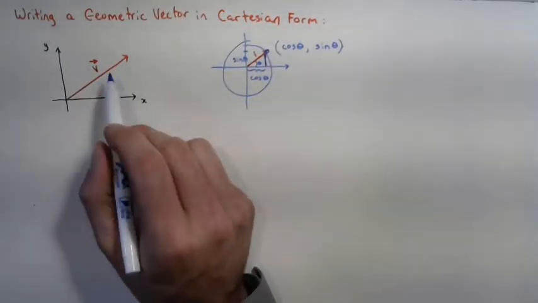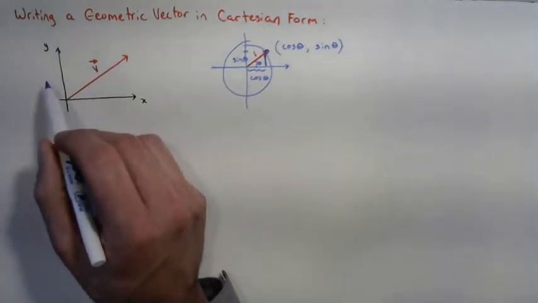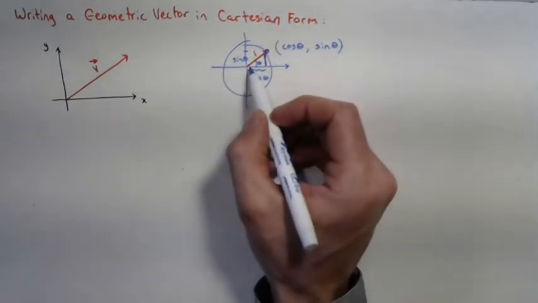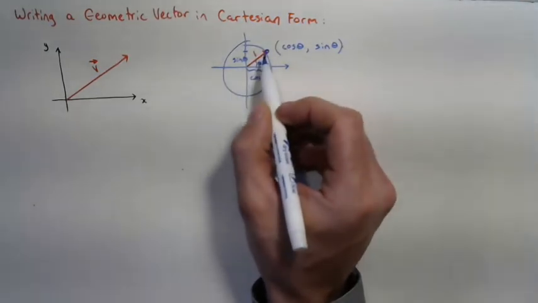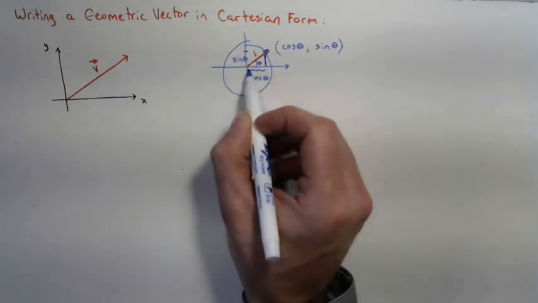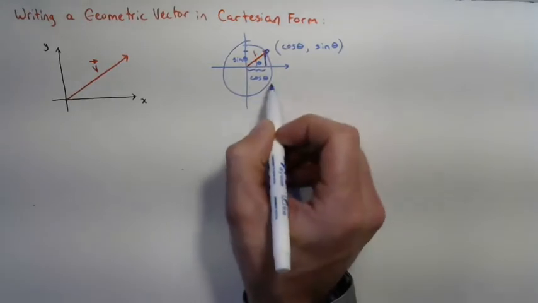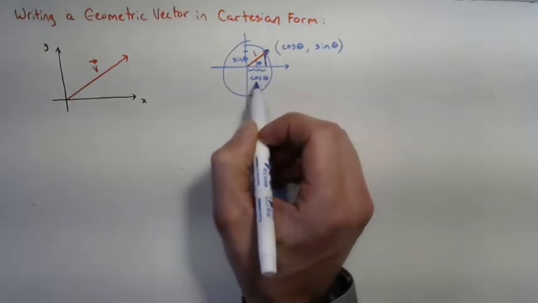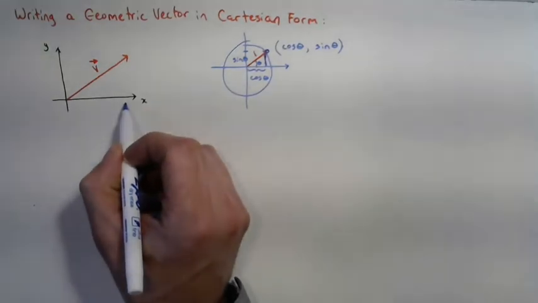Now, let's translate this over here. We're not in a unit circle, okay? If we were, it might look something like that. So the magnitude of our vector is not necessarily 1, which means that the horizontal component of our vector is not necessarily cosine of theta, but it is some multiple of the cosine of theta, okay?